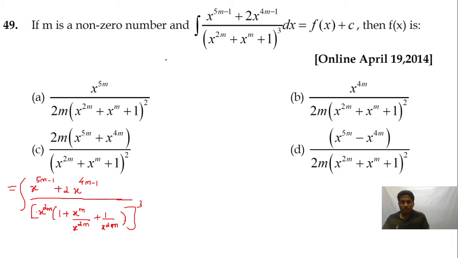Yes, so now I can write this as integration of x to the power of 5m minus 1, and then plus 2 into x to the power of 4m minus 1.